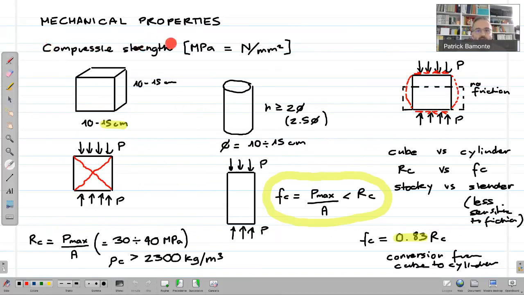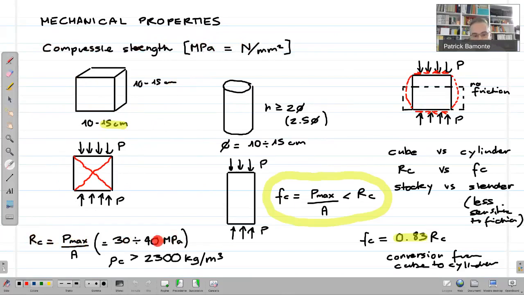Clearly, there was a big focus on compressive strength, which is measured in megapascals, so Newton over square millimeters. Many of you had problems with the conversion of units of measure, but if you look here, it's clearly said that megapascal is Newton over square millimeter. So we have cubic specimens with their dimensions, the typical failure pattern and the way the concrete compressive strength is measured on cubes.